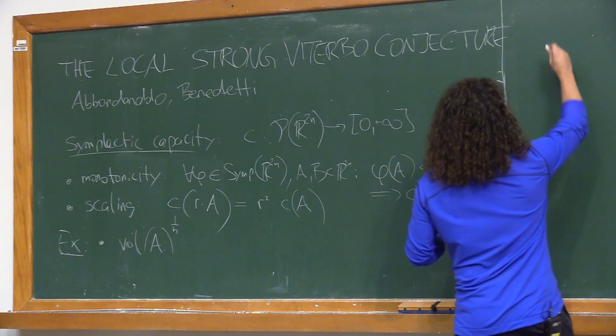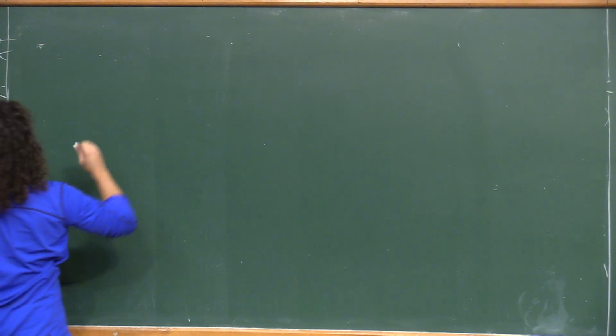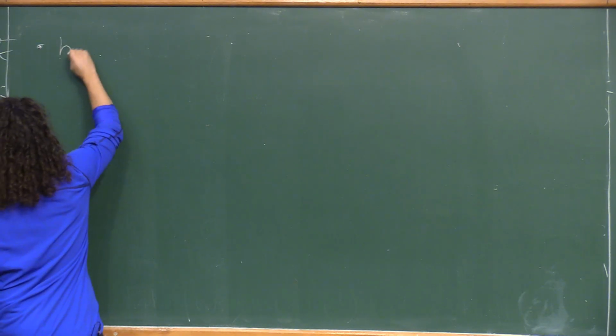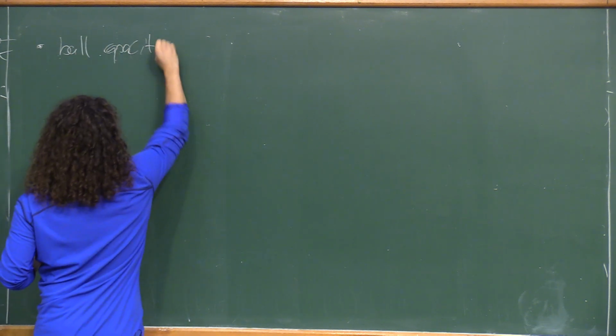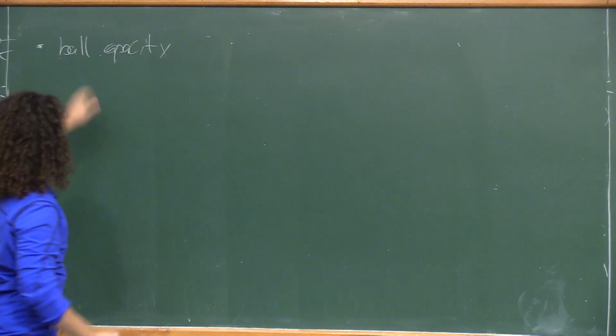And two capacities which I'm going to need in my talk are, first of all, the ball capacity. That's sometimes also called the Gromov width in the literature.